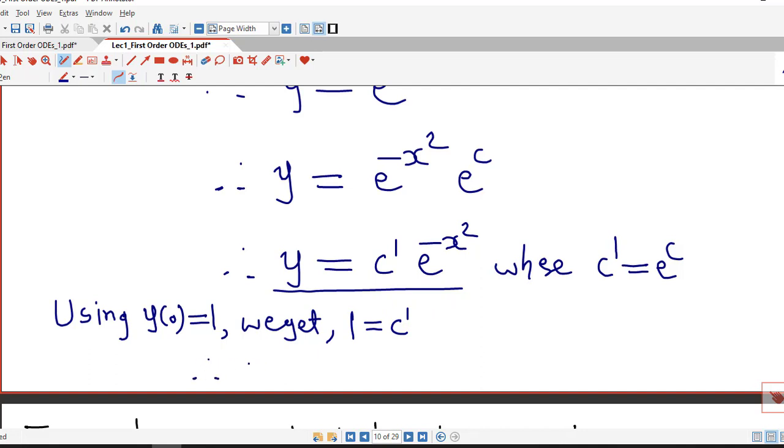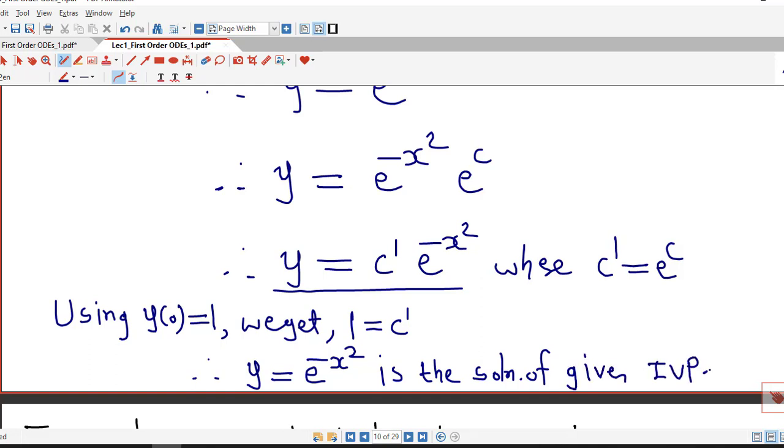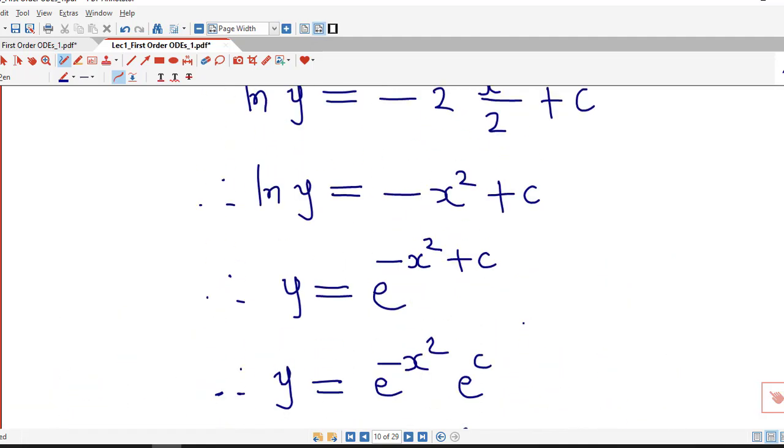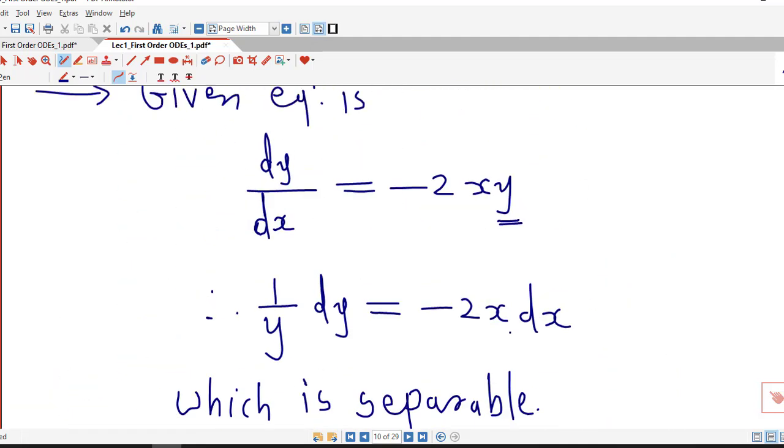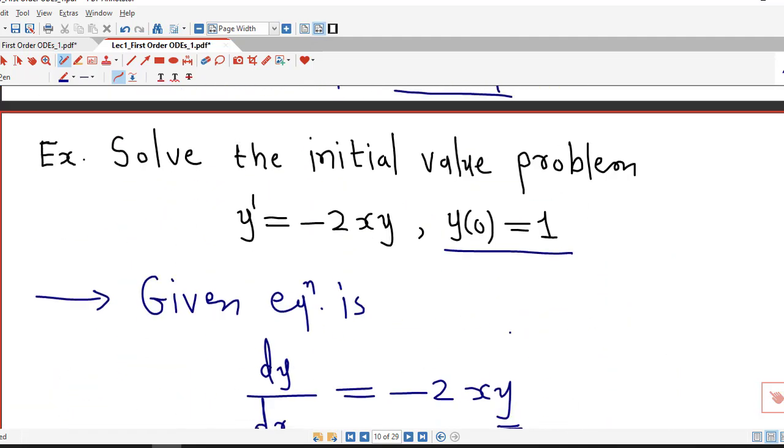So therefore now we put c dash equal to 1 and we obtain y equal to e raised to minus x square, and this is the solution of given initial value problem. So in this way we can find out the solution of initial value problem.